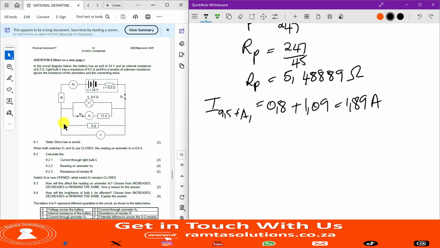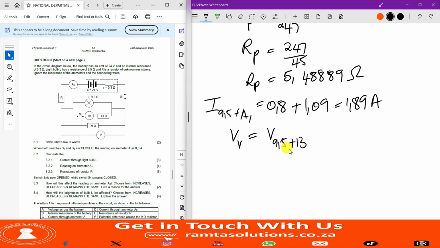So rather, we compare the voltages of the two, which are equal. Voltage V will be equal to the voltage at 9.5 and the voltage at 13, because these are parallel, right?